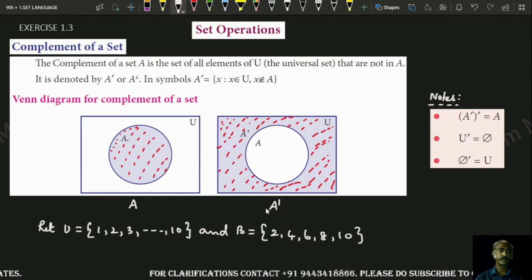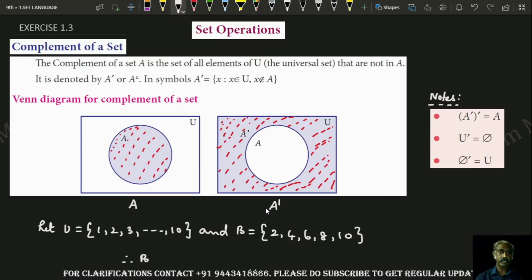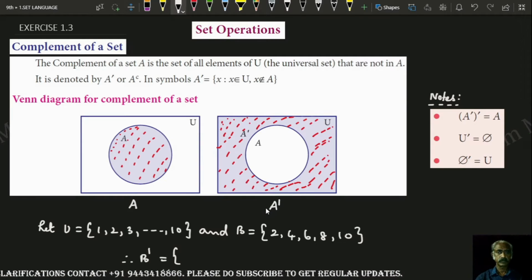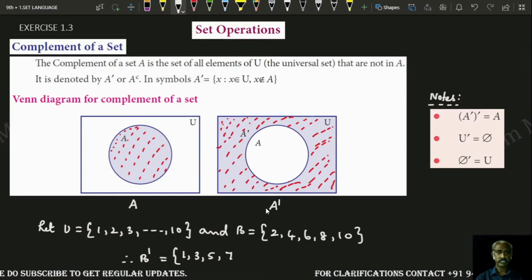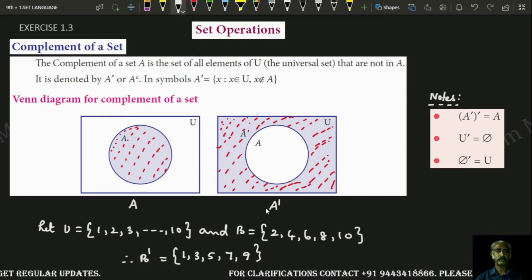Therefore, B dash will be equal to the elements other than set B, that is 1, 3, 5, 7, 9. This is the complement of B. Clear, children?